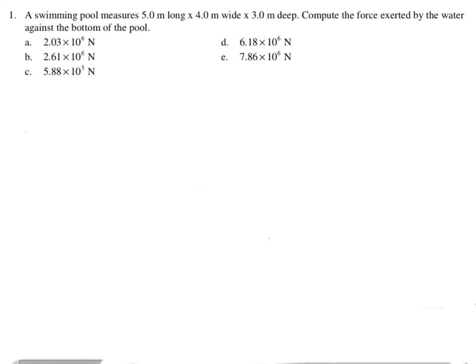So we have a swimming pool that measures 5 meters long by 4 meters wide by 3 meters deep, and we want to compute the force exerted by the water against the bottom of the pool. A lot of you recognized that in order to calculate the force exerted by the water against the bottom of the pool, we have to calculate the pressure at the bottom of the pool. So let me draw a diagram.